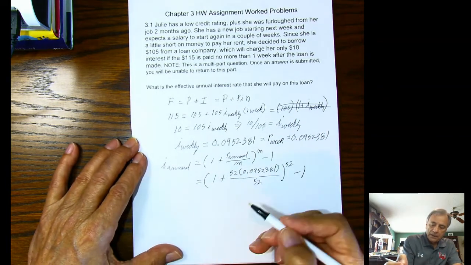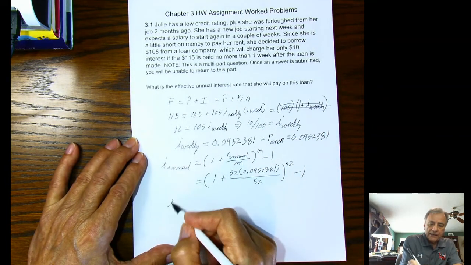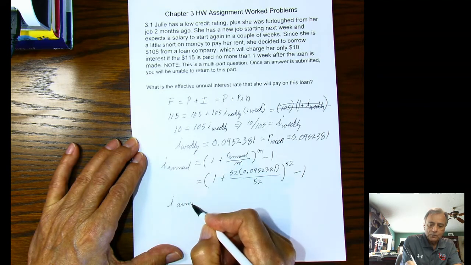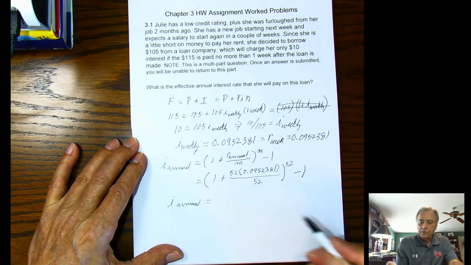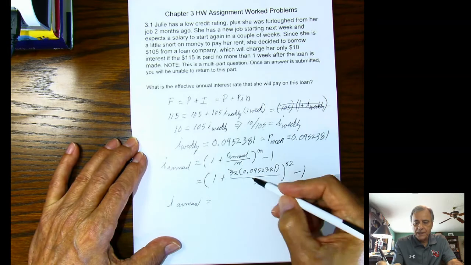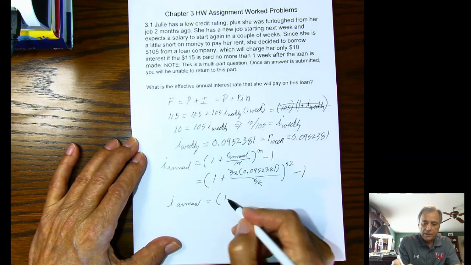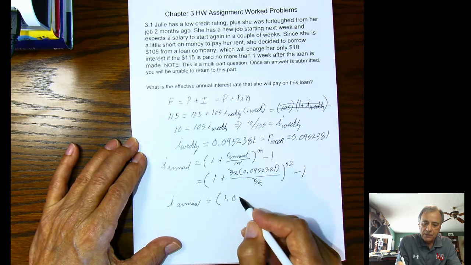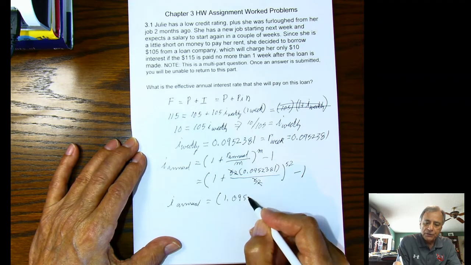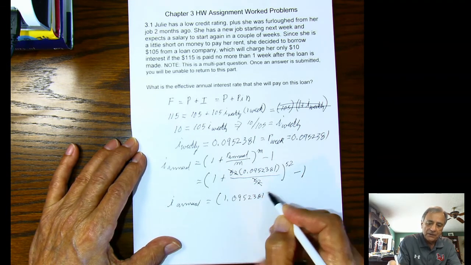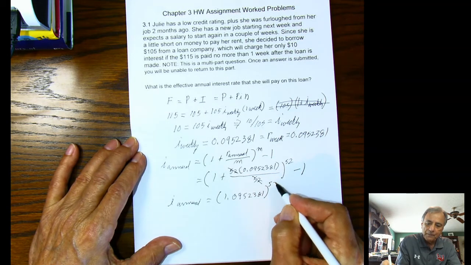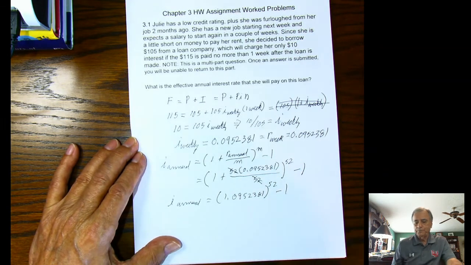So we're going to get I annual equals, the 52's cancel, so you're going to take 1.0952381 to the 52 power minus 1.